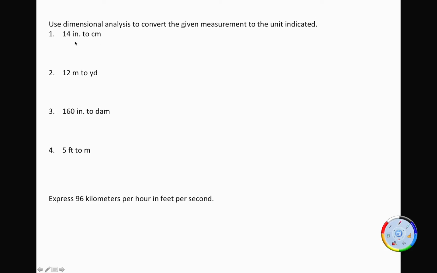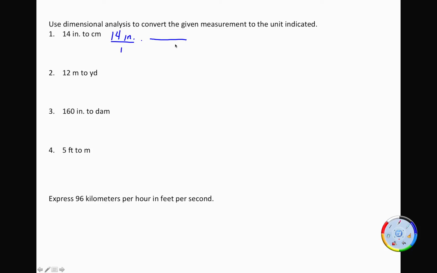Okay, now we're going from English to metric and possibly back and forth. All right, so 14 inches to centimeters. If I'm in the English system or using the English system at all, I'm thinking in terms of dimensional analysis. So 14 inches over 1, and I need a conversion factor.